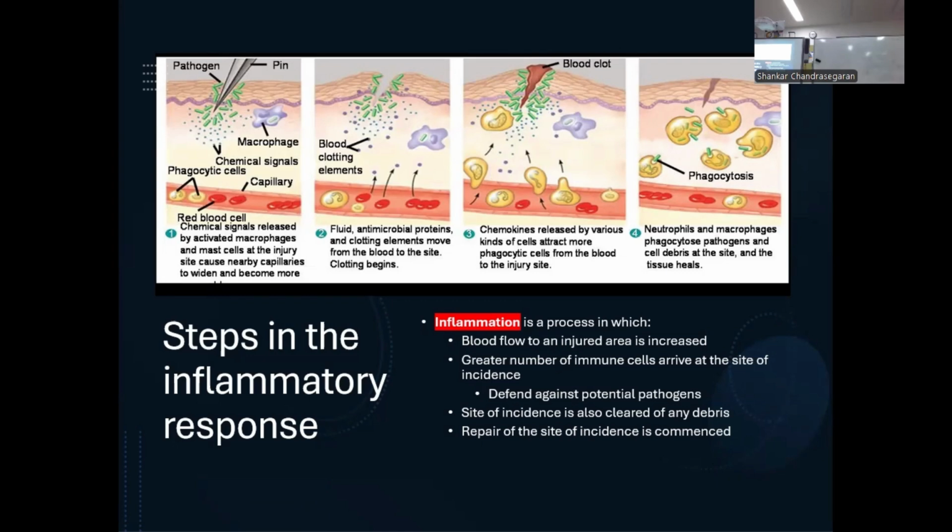That cut exposes your internal body environment to the external body environment where there are a lot of different pathogens. So whatever opportunistic pathogens were present on your skin at that point would enter into your internal system, and they will get exposed to all your stuff on the inside.